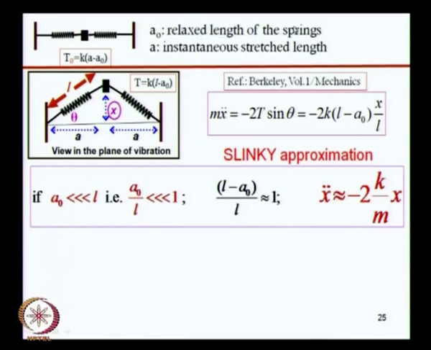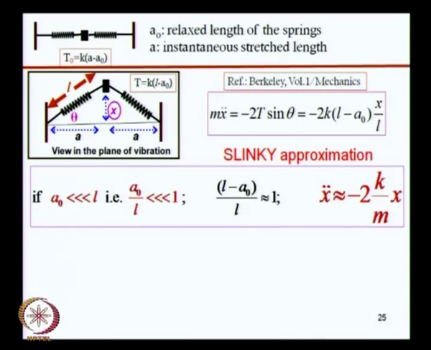If the relaxed length of the spring is much less than the instantaneous stretched length, in that approximation you have an equation of motion which is exactly that of a simple harmonic oscillator: the acceleration is proportional to the displacement, dictated by this minus sign. So, it is always in the direction toward the equilibrium, and the proportionality which we call the spring constant is scaled up by a factor of 2 in this case.